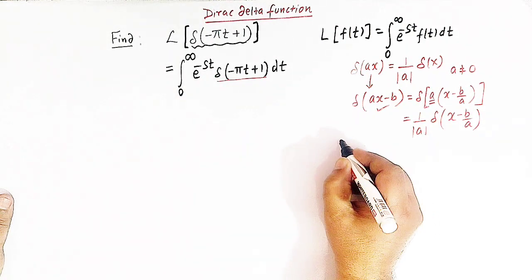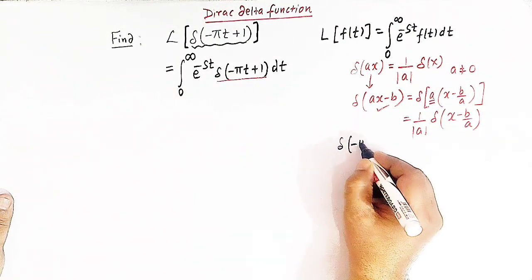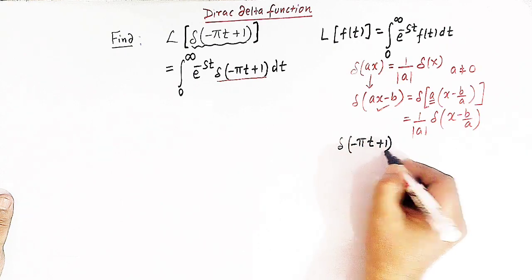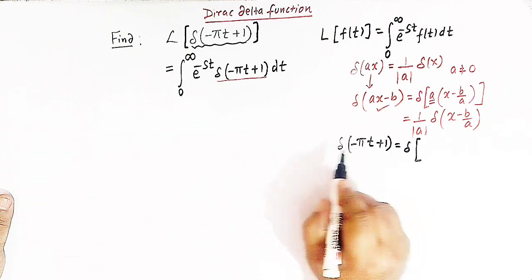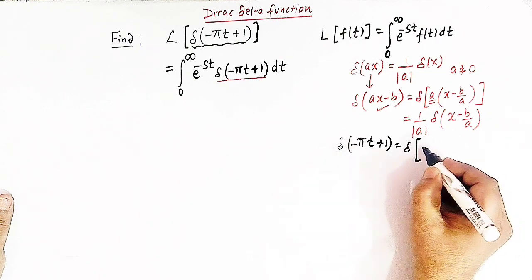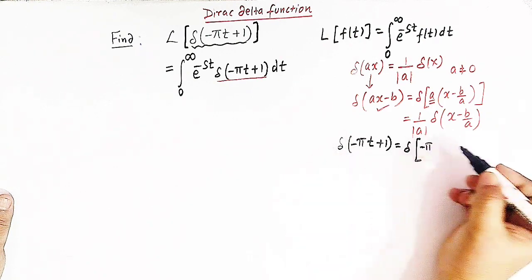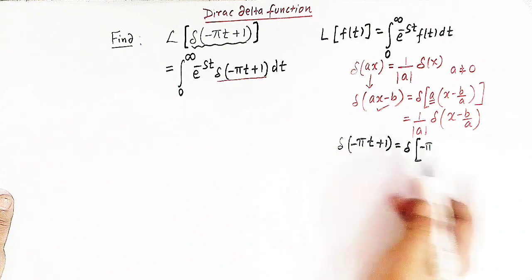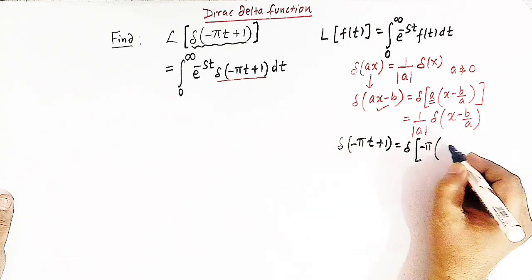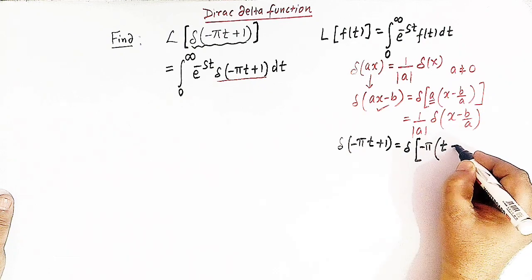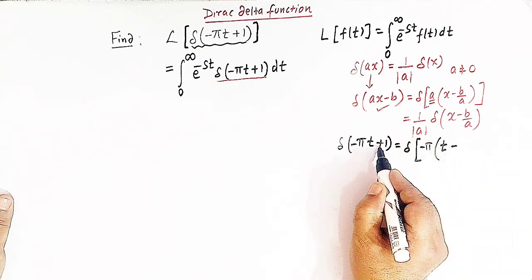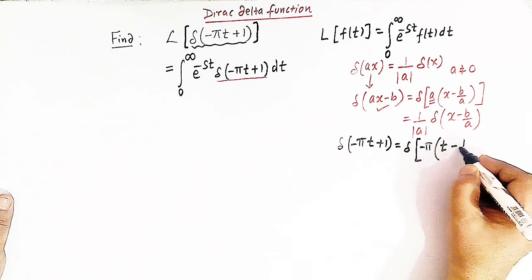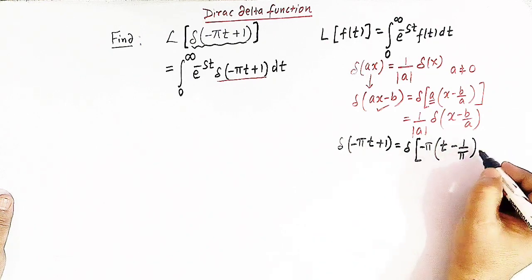Delta of minus pi t plus 1 can be written as delta, taking minus pi common, of t, and a negative sign because negative and negative becomes positive, minus 1 over pi.